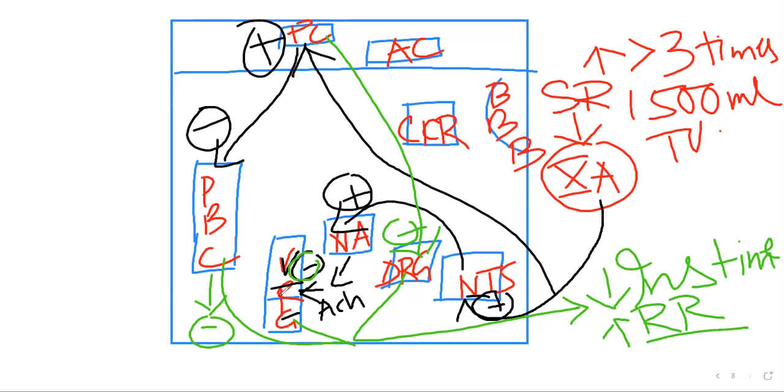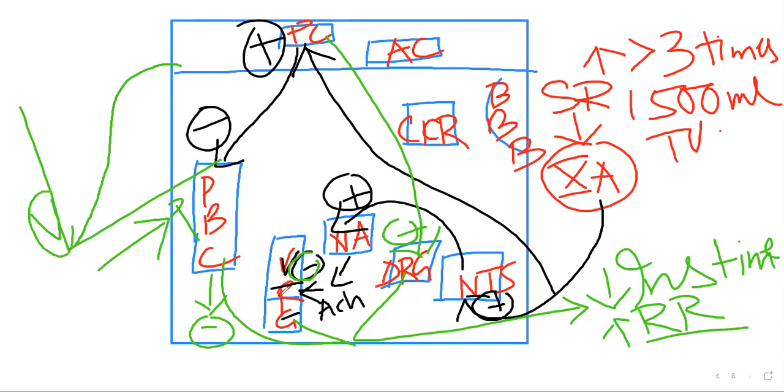That means the lung will always operate at a low lung volume. If we look at the pressure-volume curve of the lung or the respiratory system, we can say that the lung will always operate at the steep part of the curve.